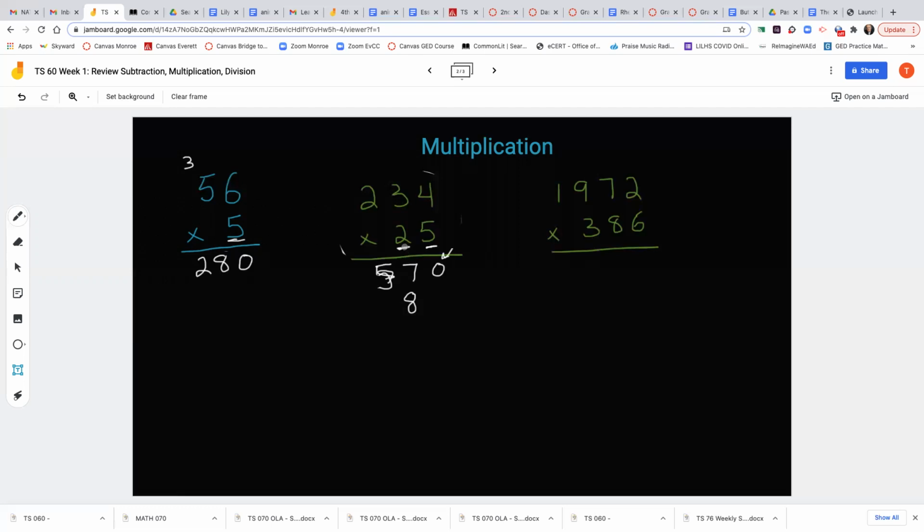See how it's directly below the 2 and that I skipped a space? That's one thing people sometimes forget after not doing it for several years. But right below the number, if you do it nice and neatly, you're skipping a space in the second row. 2 times 3 is 6, and 2 times 2 is 4, okay?